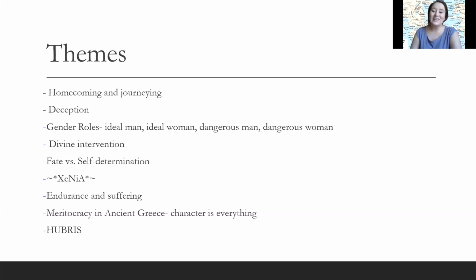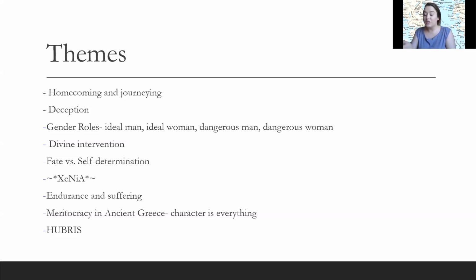Xenia. We love the Homeric qualities. Xenia, as we know, means hospitality. This is an ancient Greek traditional quality where hosts are obligated to provide welcome, lodging, gifts, and just shower visitors to their kingdom, visitors to their home, with attention and comfort.